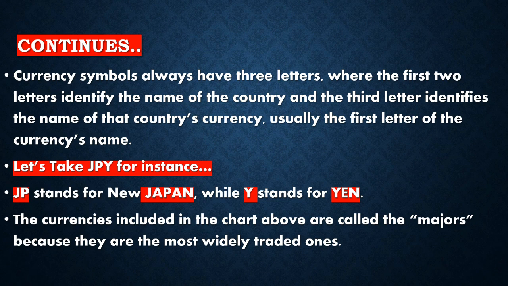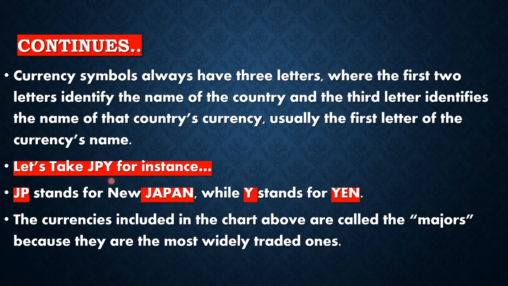Continuing, currency symbols always have 3 letters, where the first 2 letters identify the name of the country and the third letter identifies the name of that country's currency, usually the first letter of the currency's name. Let me explain this. For example, let's take JPY.